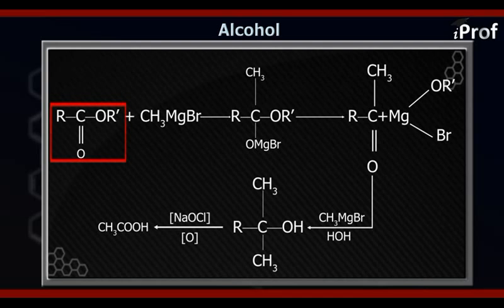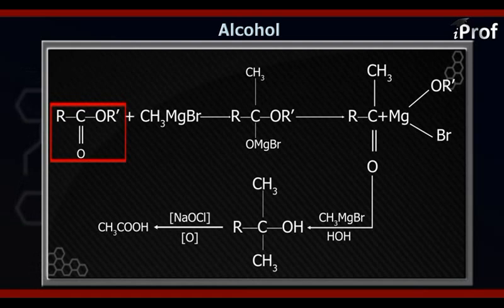So the product formed by the reaction of an ester with the first mole of the Grignard reagent fetches you a ketone, as well as in this step this OR dash group is being released.